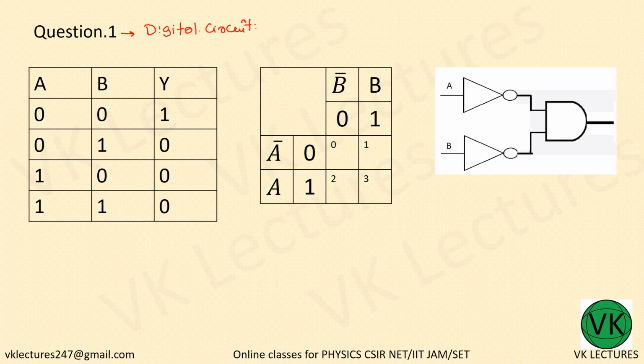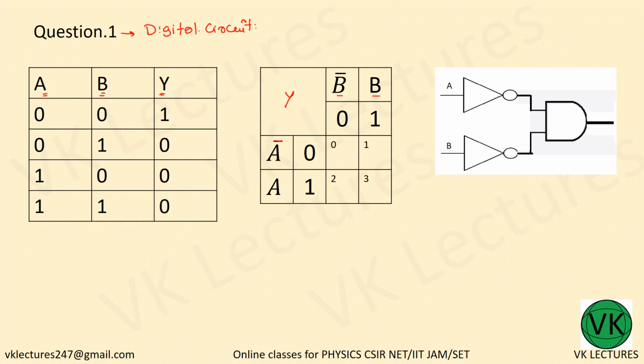A, B and Y, these are the two inputs and the output given: 0, 0 gives 1; 0, 1 gives 0; 1, 0 gives 0; 1, 1 gives 0. Now we don't know according to the Y what the circuit is, so we will draw the truth table according to the Y.